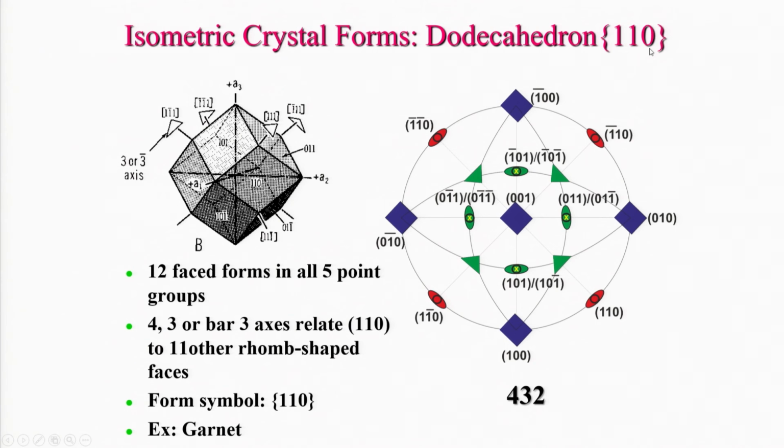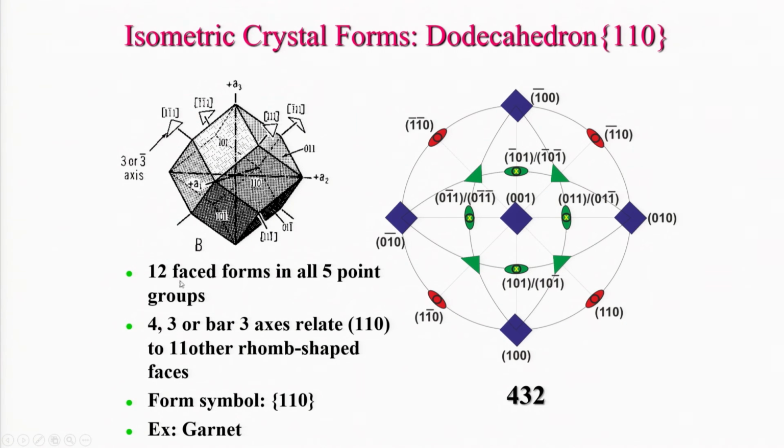Now, let us come to the next crystal form in the isometric crystal system, and this general symbol is {1 1 0} within second bracket, and this crystal form has been given a name called dodecahedron, and this is a particular crystal with this crystal form, that is dodecahedron.